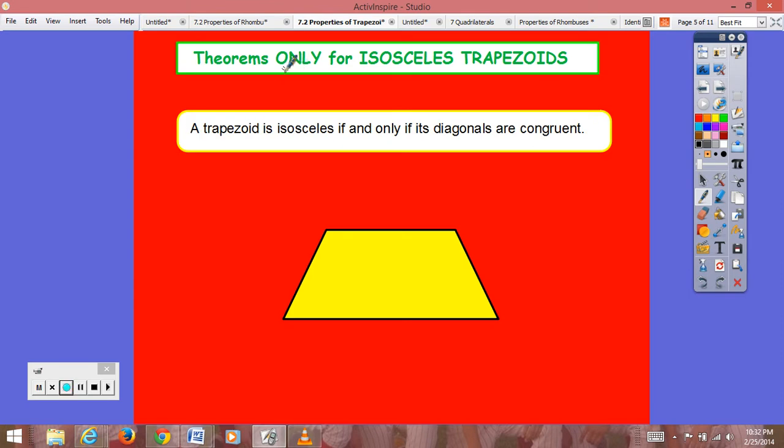And lastly, and again this one is only for isosceles trapezoids, a trapezoid is isosceles if and only if its diagonals are congruent.